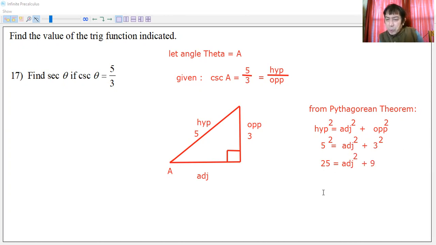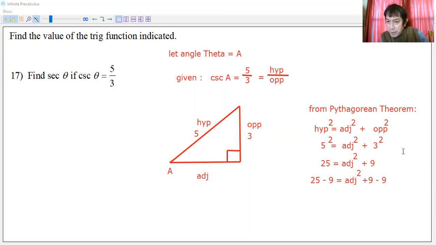Now, subtracting 9 from both sides, this will be 25 minus 9 is equal to adjacent squared, and then we have the plus 9 minus 9, and this will still be squared.